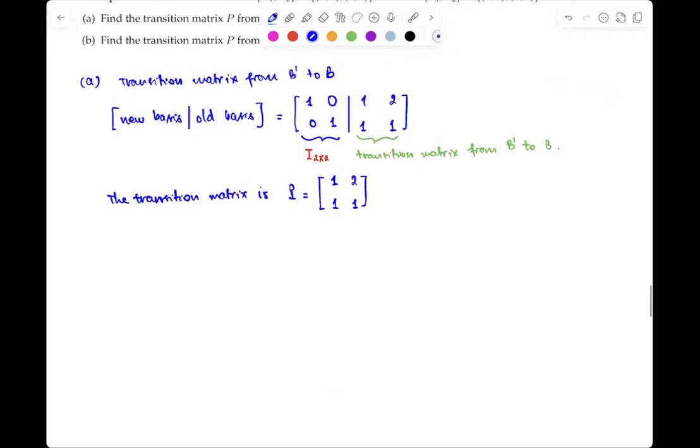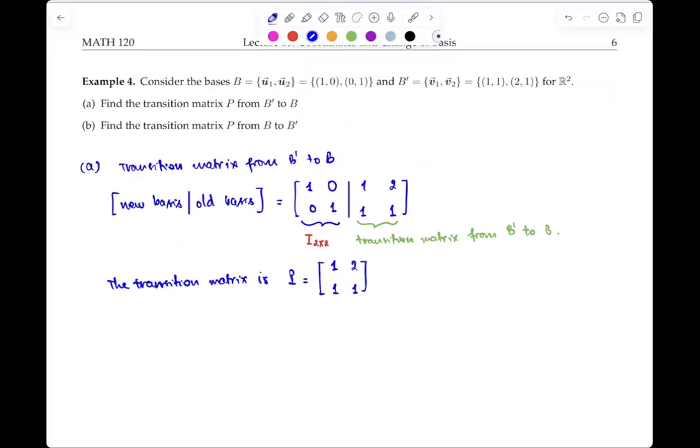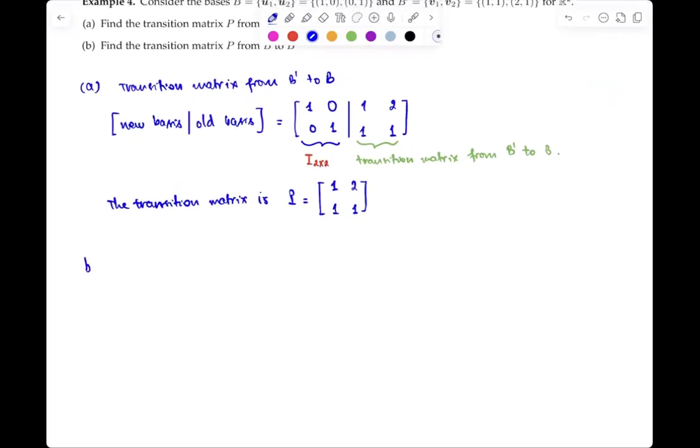Now for part B, you find the transition matrix P from B to B prime. So in here, you need to set up the augmented matrix of the form new basis first and then the old basis, right? So the transition matrix from B to B prime.